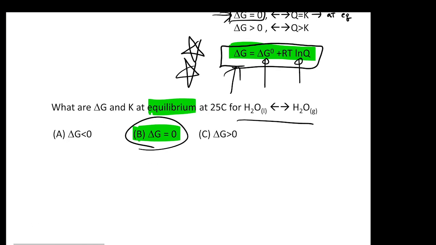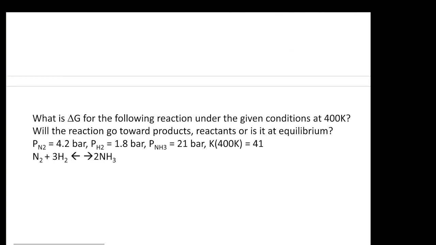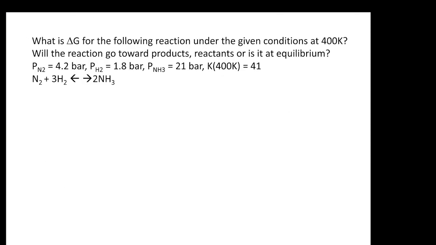How are we going to use this specific reaction? Delta G equals delta G naught plus RT natural log Q. So I'm going to give you one example. In this question, it says, what is the delta G for the following reaction under the given condition at 400 K? Will the reaction go toward the product, reactant, or at equilibrium?